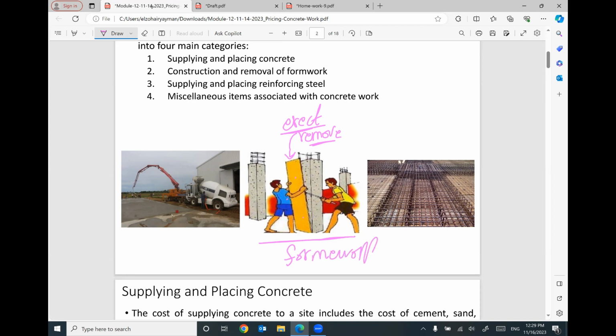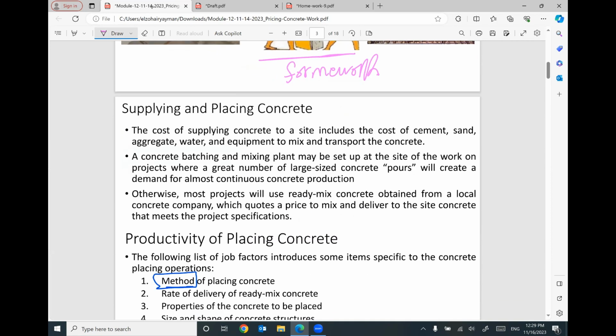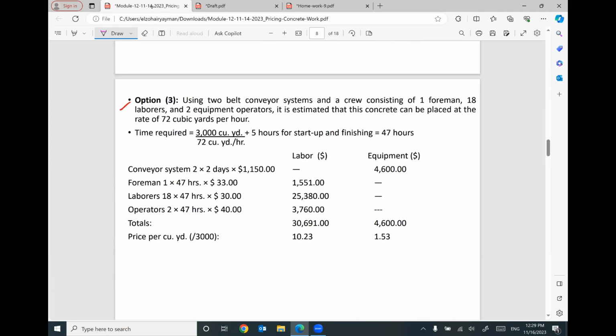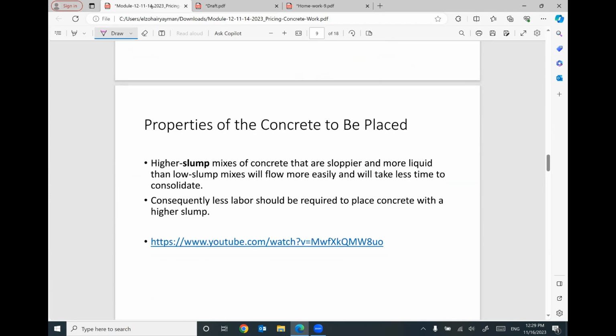As a contractor, this formwork will cost you as a material because most of the time this formwork is made from wood. So we have different techniques. We have different materials. We have different options for the concrete formwork. This is another part of the cost estimation.